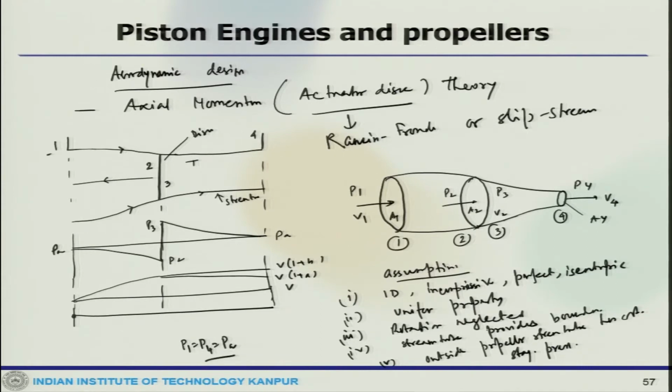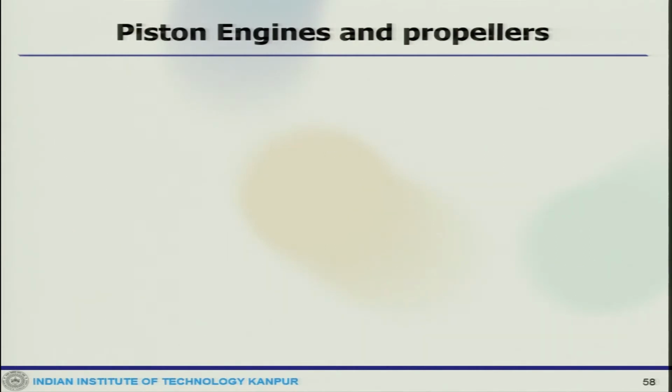But the pressure difference across the disc is built up, and so what we can write is velocity at the disc V2 equals V3.